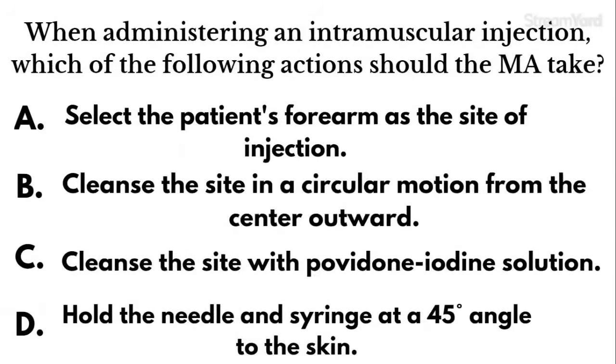When administering an intramuscular injection, which of the following actions should the medical assistant take? Select the patient's forearm as the site of the injection. Cleanse the site in a circular motion from the center outward. Cleanse the site with povidone iodine solution, or hold the needle and syringe at a 45-degree angle to the skin. Intramuscular injection.